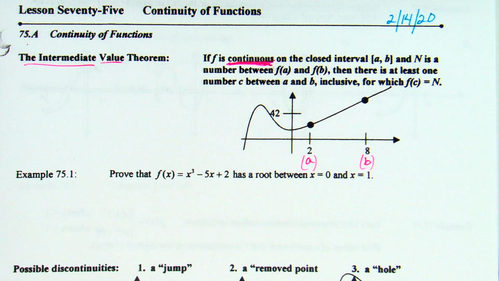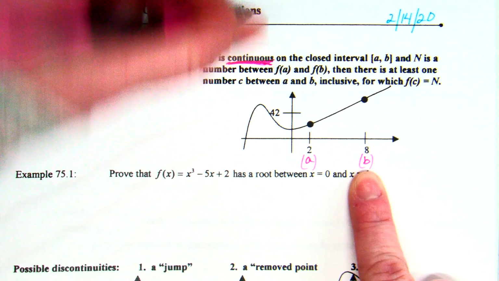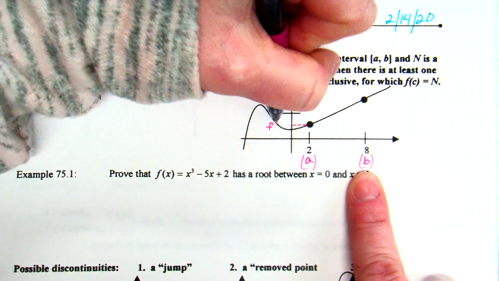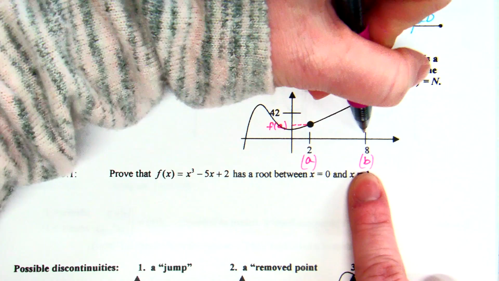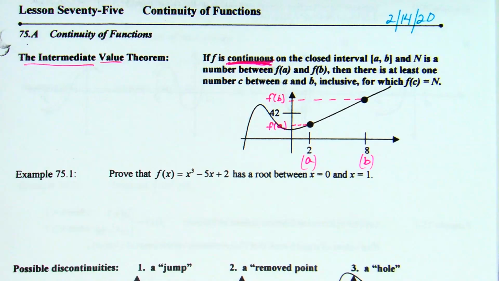So keep in mind, if a and b are my x values, then f of a and f of b represent my y values. And so if a is 2, then f of a is the y value over here. If b is 8, then f of b is that equivalent y value. Do you see how I drew those lines in there as a visual?